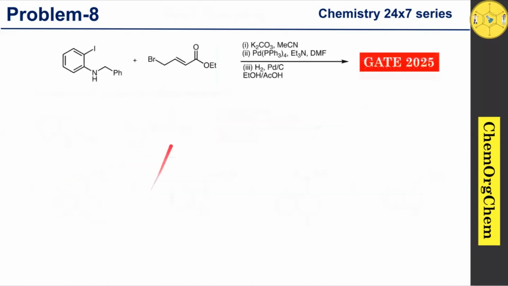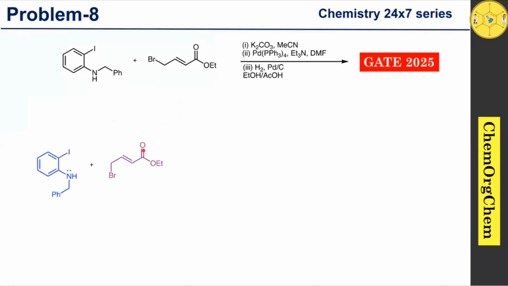So let's write down our question. The first step of the reaction is these two substrates react together in the presence of potassium carbonate and acetonitrile. Once you see this condition, most of you get the sense of an SN2 reaction. Yes, this reaction is an SN2 reaction.